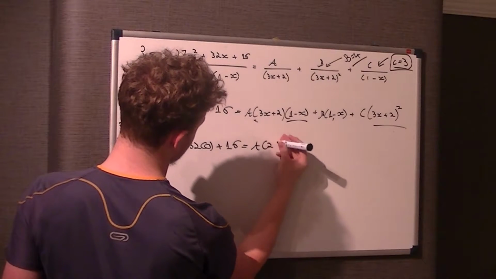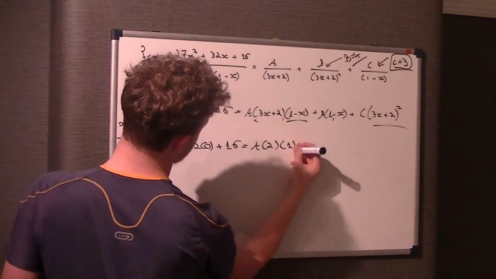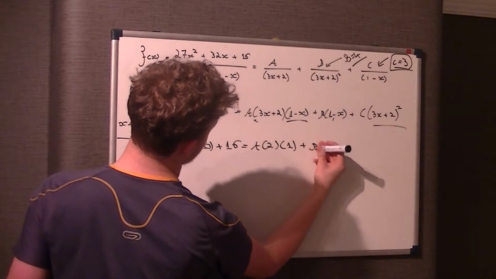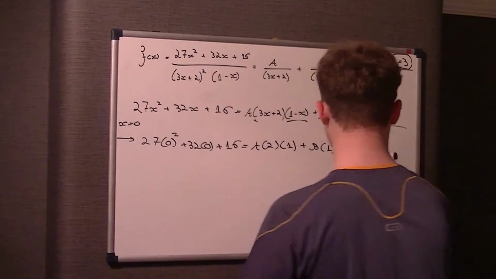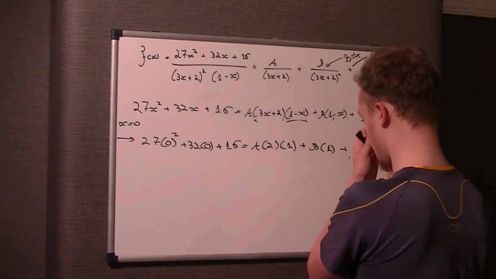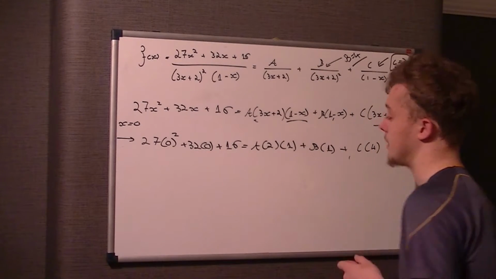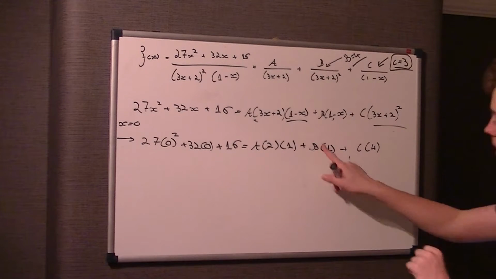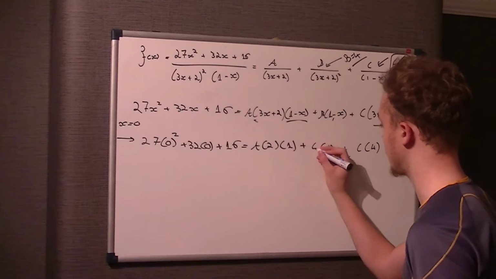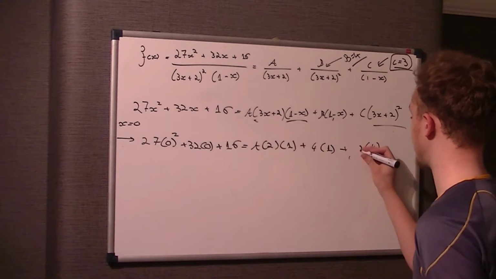As a times 2 times 1 plus b times 1 plus c times 2 squared, which is obviously 4. Okay, now we've got a value for b and c, so we've put our values for b and c. Now I'm going to be lazy and just rub it out, so b to be 4 and c to be 3.